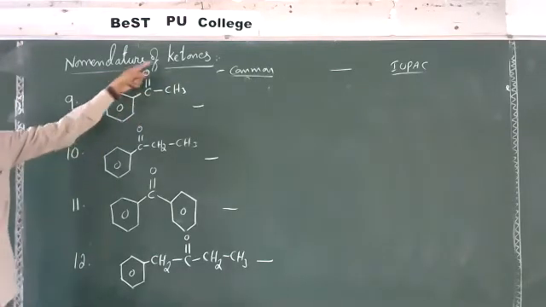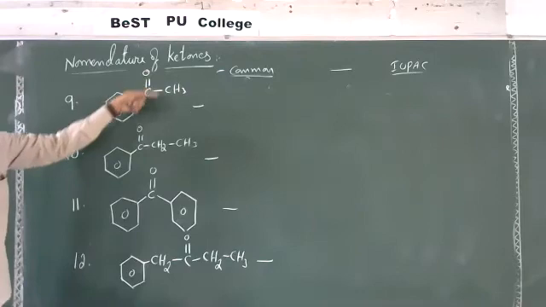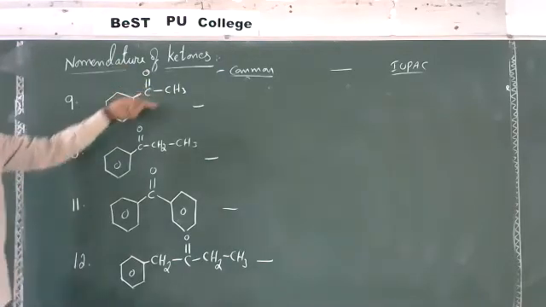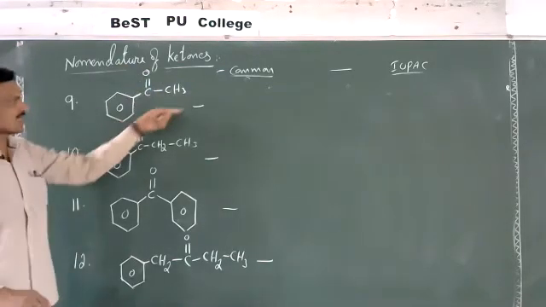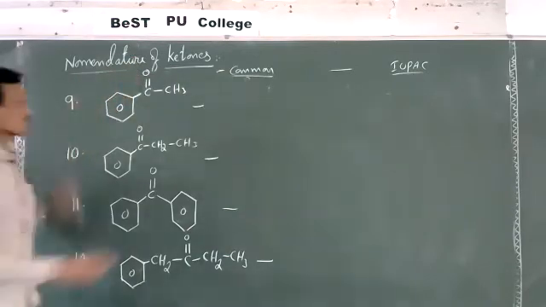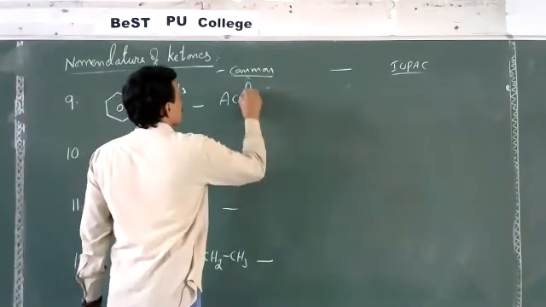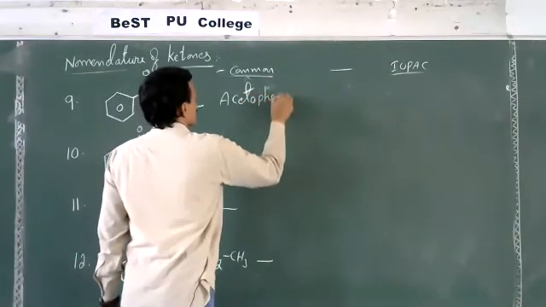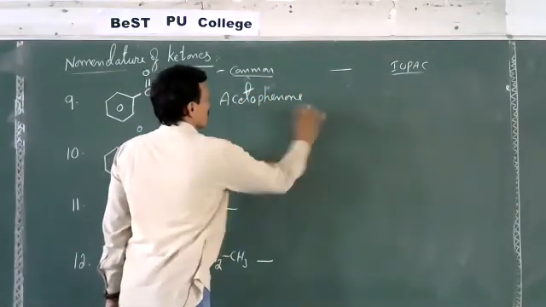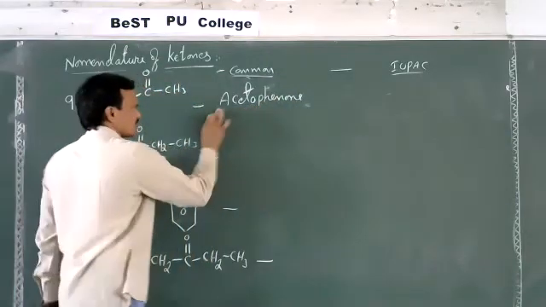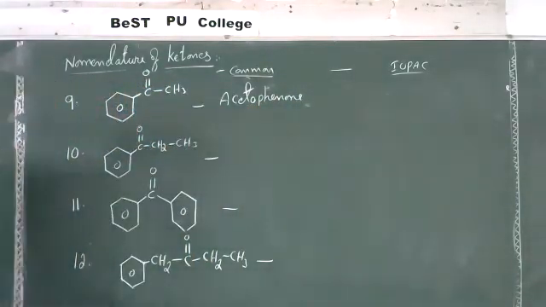CH3CO, acetyl group. This is phenone, C6H5CO. This is known as phenone. This is known as acetyl group. So now this is named as acetophenone. So to the word phenone, the name of the acyl group is prefixed. So it is named as acetophenone.